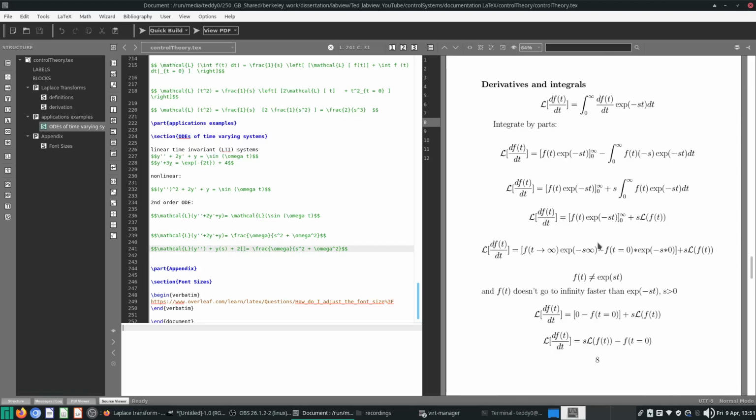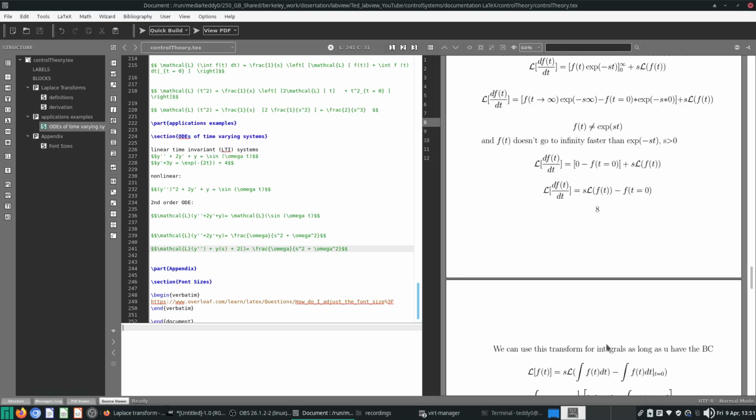So what's the Laplace transform of derivatives? It's s times the Laplace transform of f of t, which is just Y of s, minus y at t equals 0.